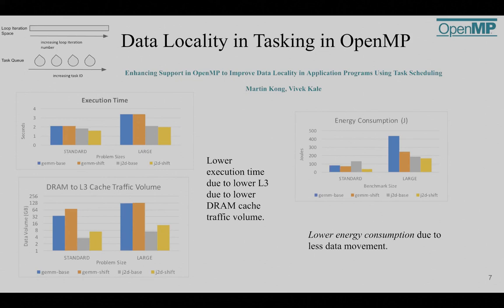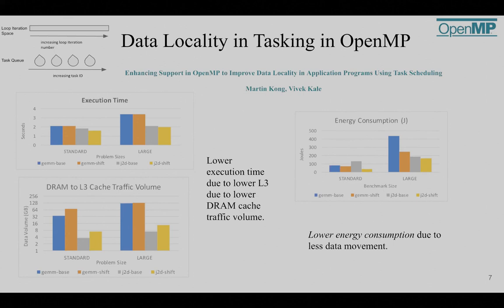So it's similar to the regular parallel for with schedule, except it just breaks down the loop into tasks rather than chunks. And we experimented with this idea on two application codes. One is a generalized matrix multiplication code, and the other one is a Jacobi 2D.